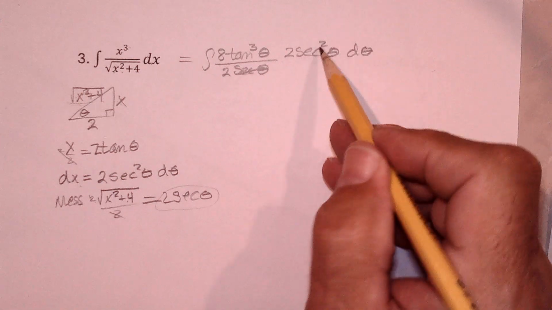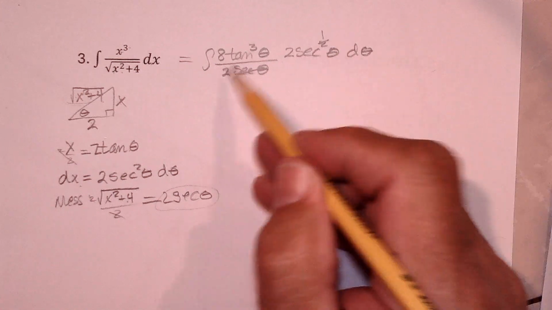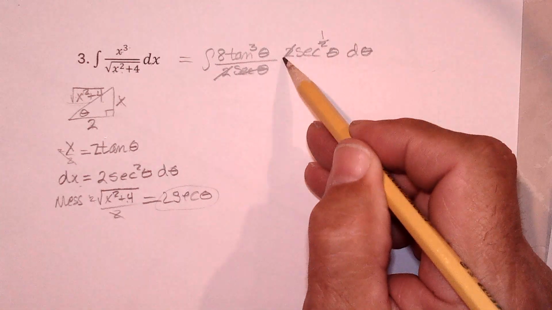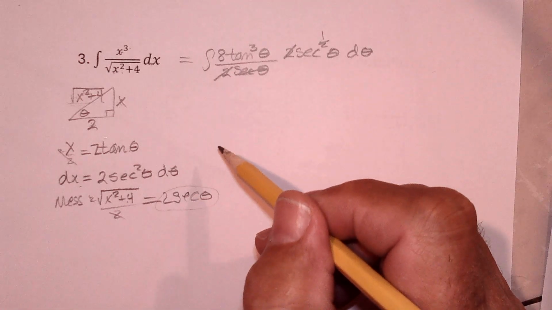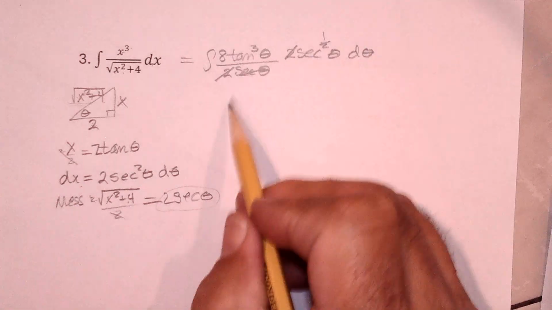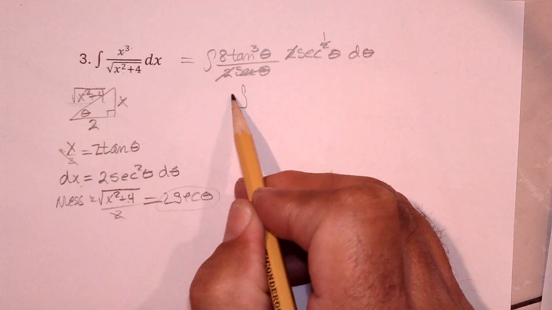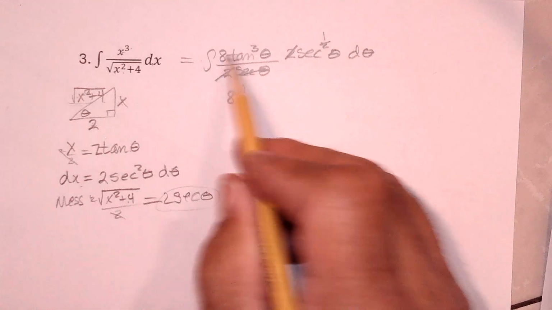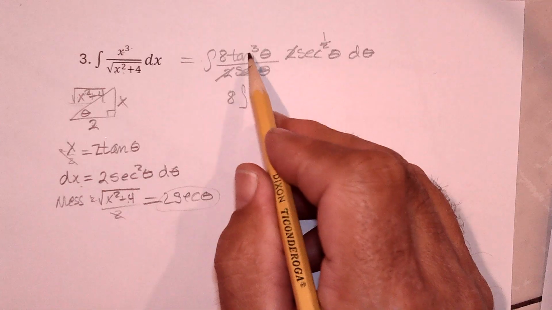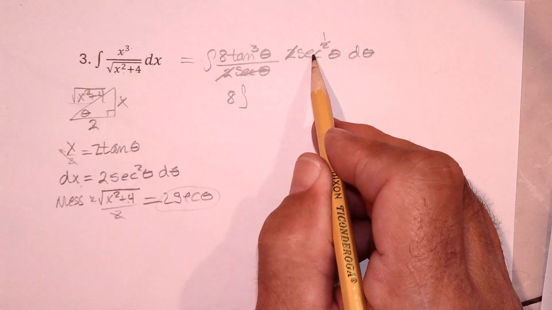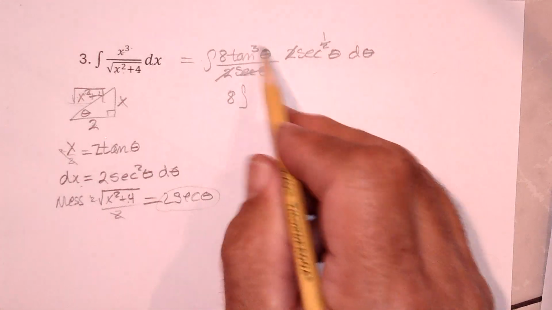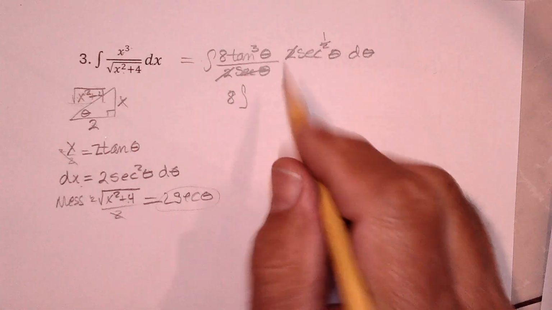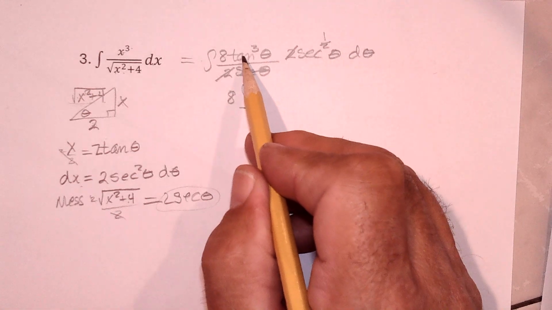One of the secants will change this to 1. This 2 will cancel that 2. And so I'm going to have 8 that pulls out because it's times everything. And tangent to the third and secant. So I'm going to switch to sines and cosines.